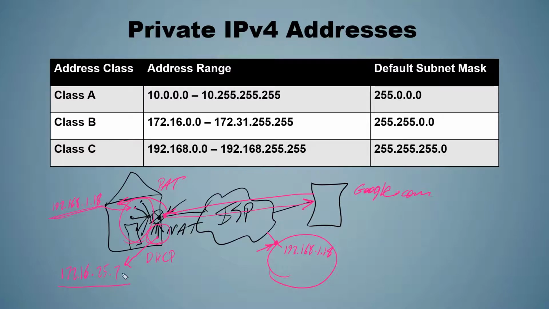Now if this device wants to communicate with this device at this location, it has to go through the router because they are in different classes, different networks. And same thing, if this device wants to access the internet, it has to go through the router. So in this example, this router has 3 different interfaces.